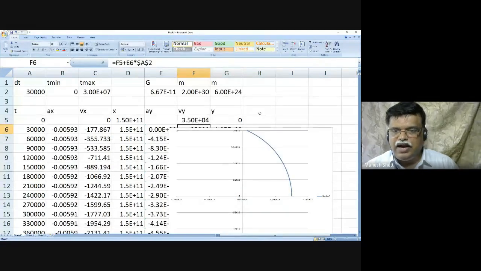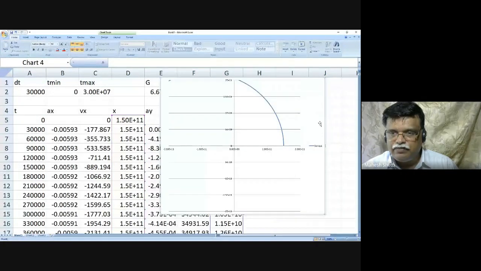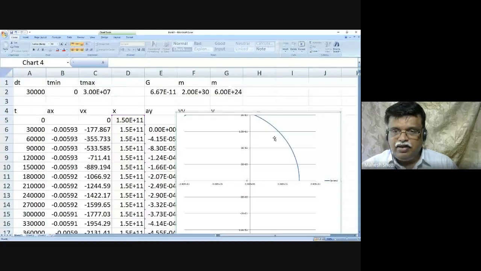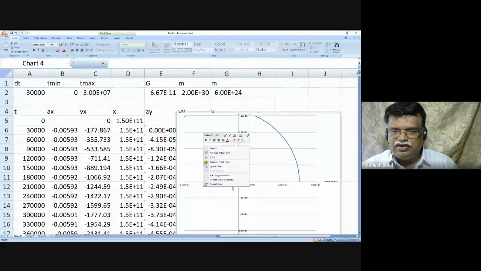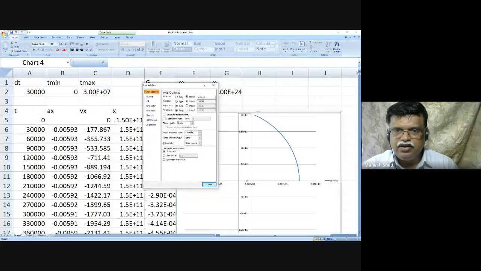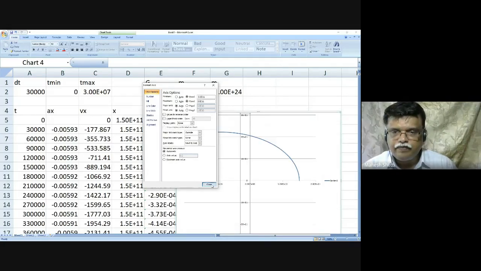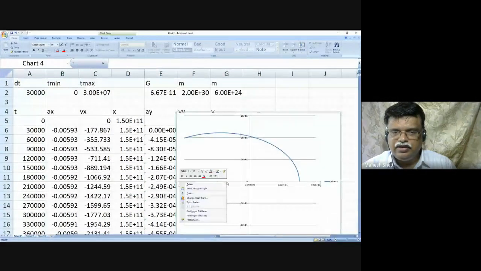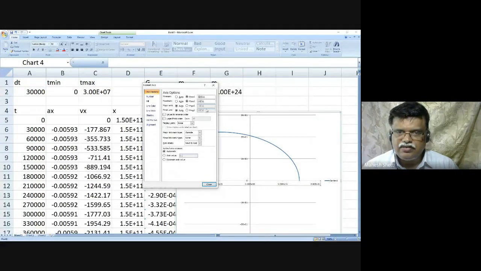And you see that it has gone beyond the scale because the orbit has become really large. What I can do is increase the scale here, minus 3 to plus 3, and here also I can increase the scale, minus 3 to plus 3.